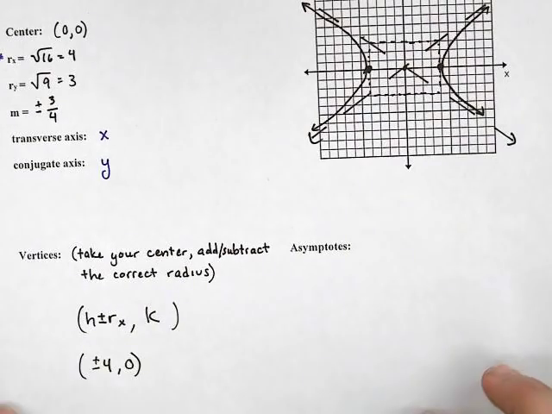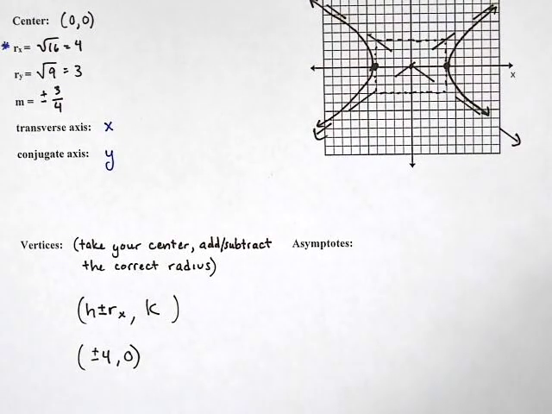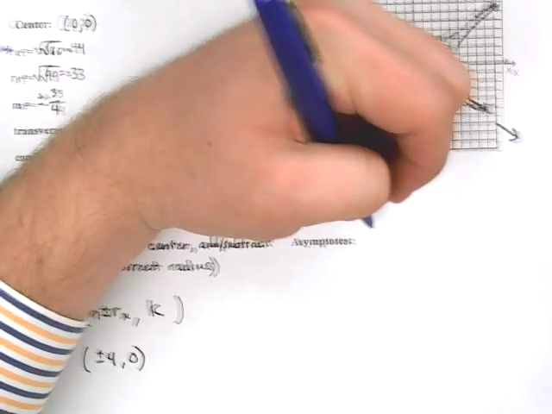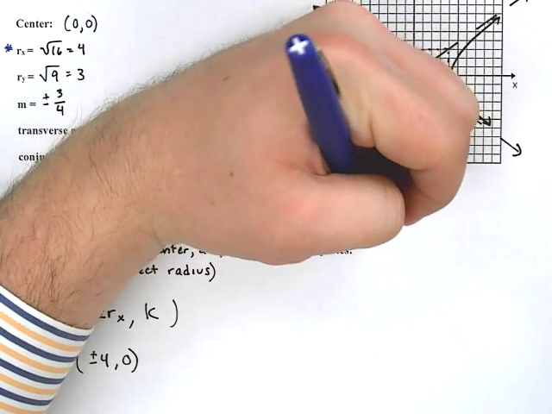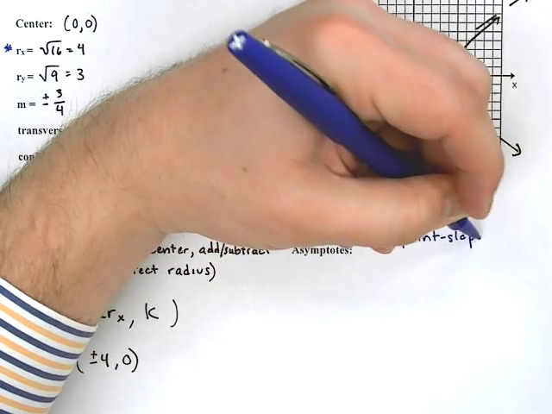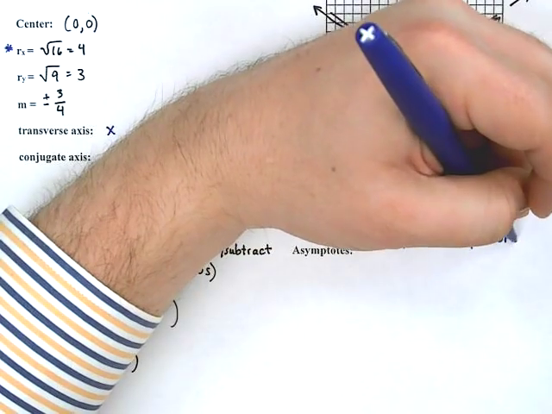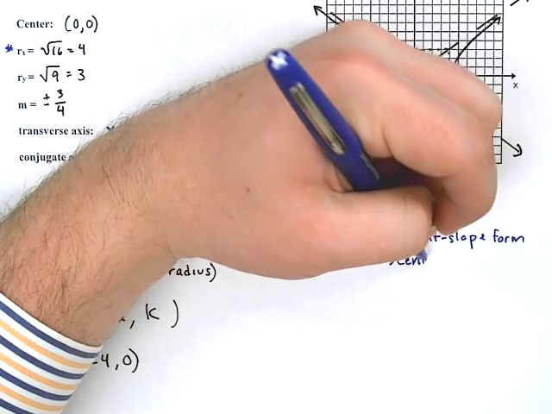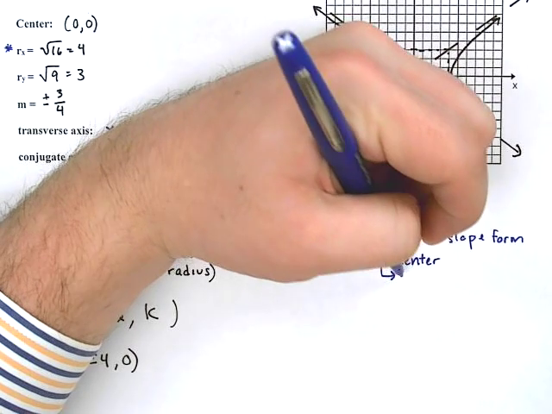Asymptotes. This is a pretty easy example of asymptotes. More times than not, you're going to have to do a little bit more work than this. But again, you use point slope form. You need your center and you need your slopes.